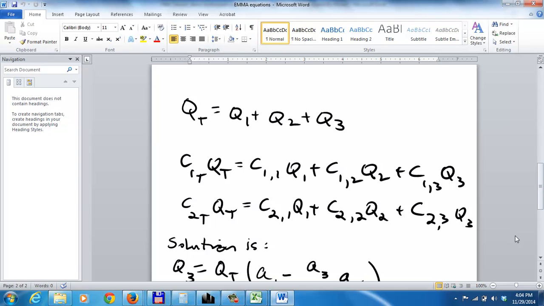The second equation that's shown is the mass balance for chemical 1. So C1T on the left hand side of that second equation is the concentration of chemical 1 at the gauging station. That multiplied by the discharge at the gauging station is the mass load rate for chemical 1.